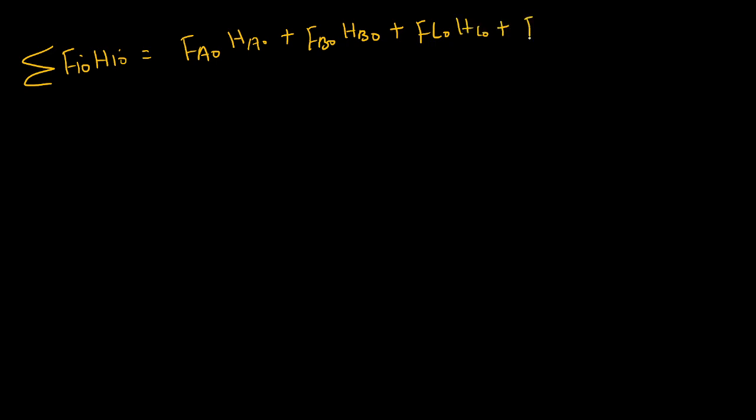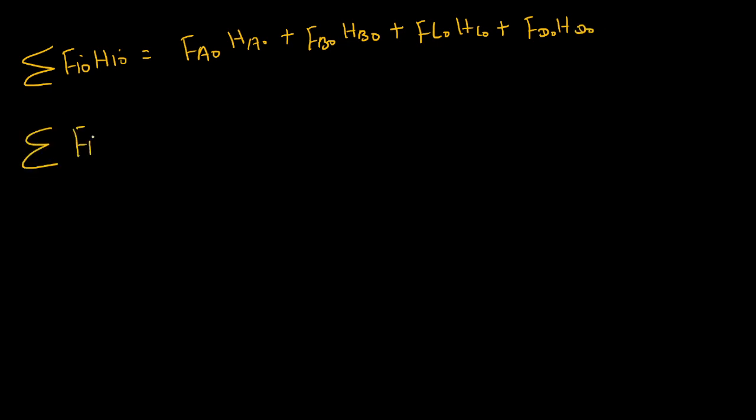So if we talk about Fi naught Hi naught, can I write Fa naught Ha naught plus Fb naught Hb naught plus Fc naught Hc naught plus Fd naught Hd naught, right?